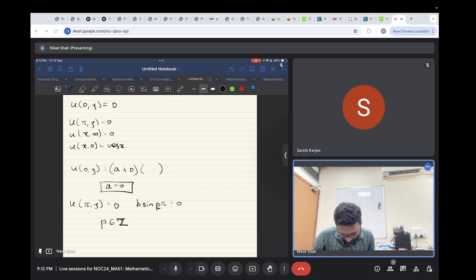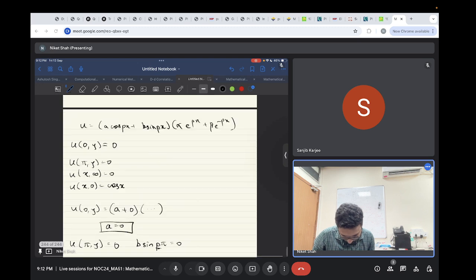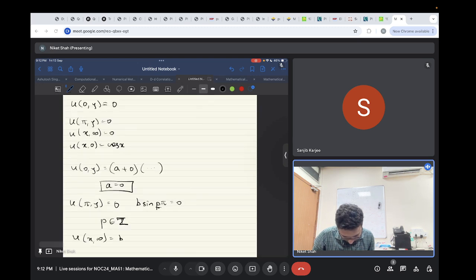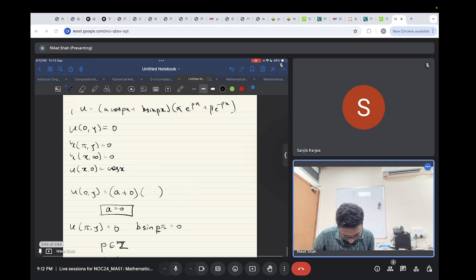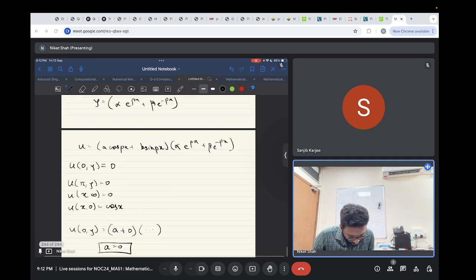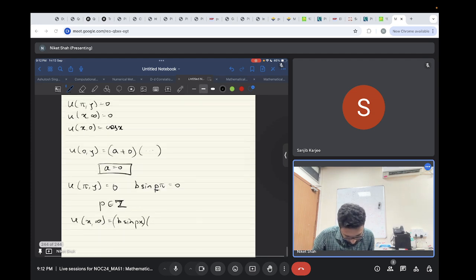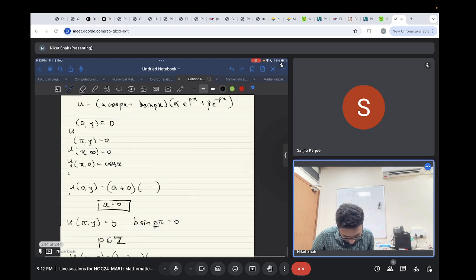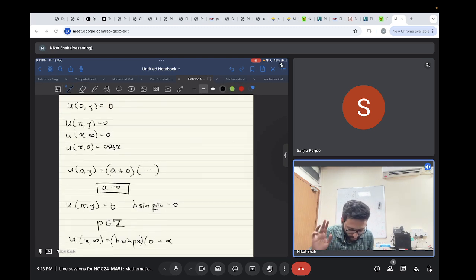All right. Next, u of x comma infinity is equal to b sine px into e power minus py goes to 0, so this is 0, plus alpha e power py actually shoots up. So we cannot have alpha.